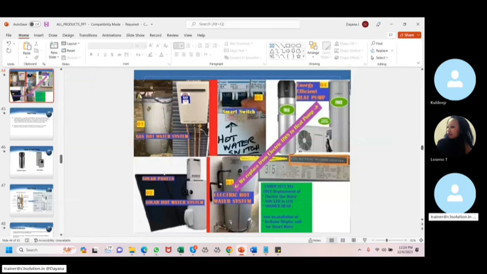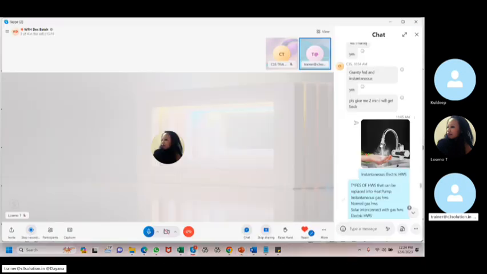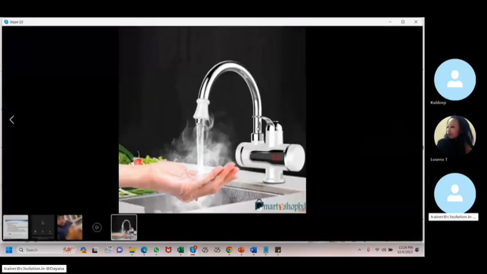You have a separate tank here. An instant hot water system running on electricity is instant electric. Only one tap can be connected at a time in the instant system, and only for that tap are you getting hot water.